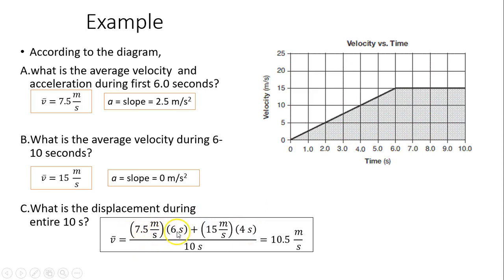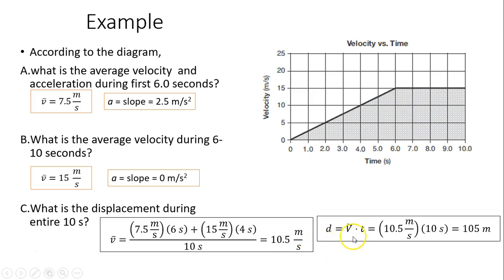You use this times 6. Now from 6 to 10 seconds, in the 4-second interval, the average is 15. So you multiply this, add them together, divide by 10. So you average from 0 to 10 seconds, average velocity is 10.5 meters per second. Then you can find the distance. Average velocity times time, you should have 105 meters.